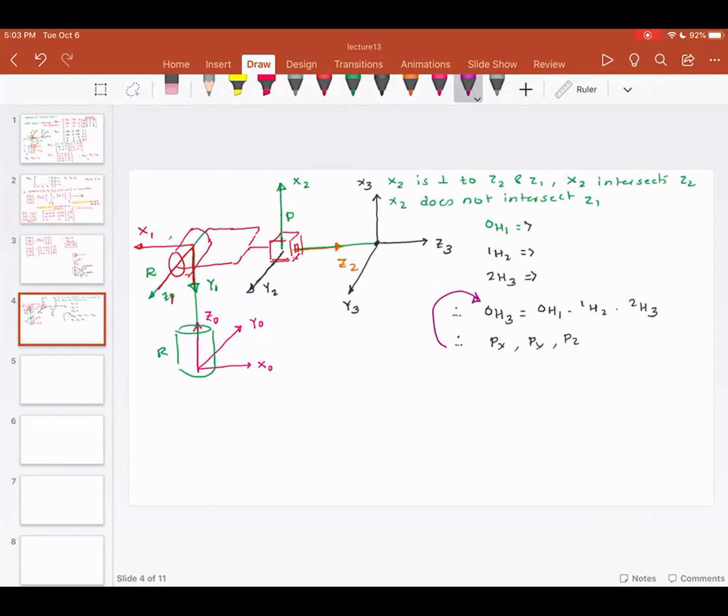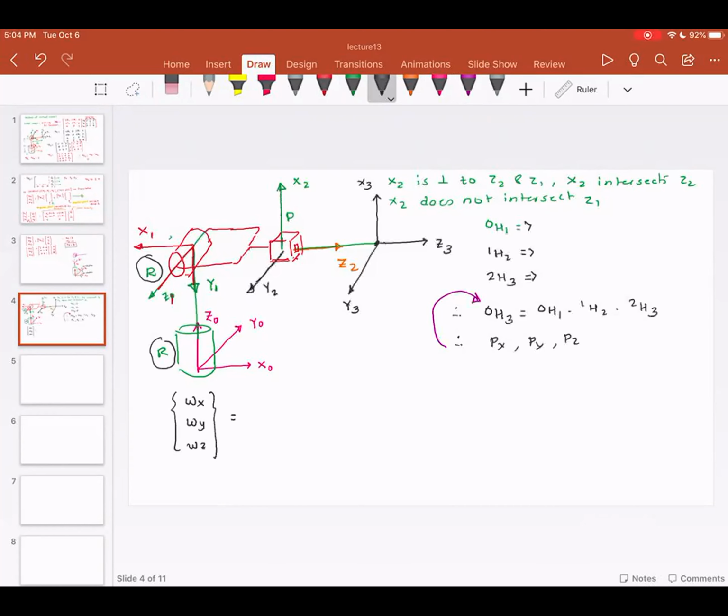Since we need to find the Jacobian for the rotation, let me write this equation down first so we know what we need. So omega x, omega y, omega z. Please note there are two rotational joints: one first rotational joint and the second rotational joint.